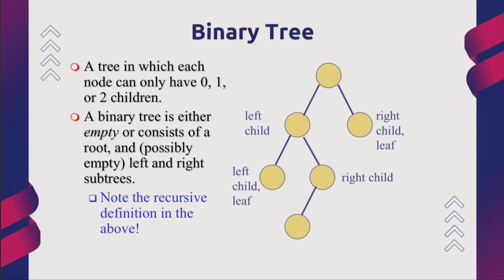So your binary tree could take any form, but always every node should satisfy the condition of having either 0, 1 or 2 children. So in short, we always say that a binary tree is a tree such that every node has at most 2 child nodes.